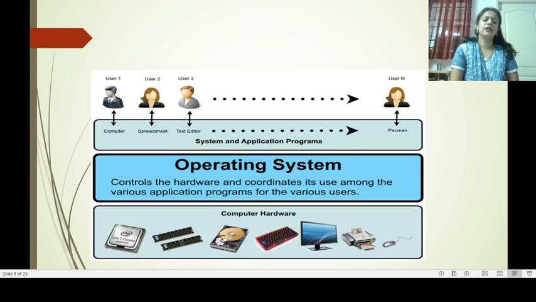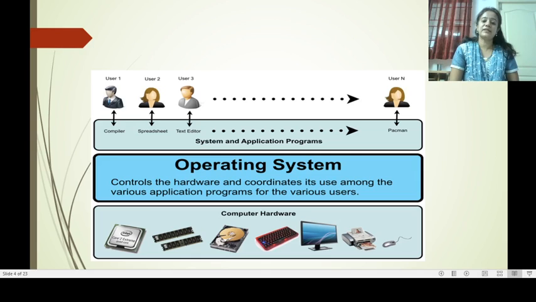For example, if a user is using an MS Word document or preparing a timetable in Excel, for each and every command he would have to write code or a program. By the use of the operating system, without knowledge of the hardware, we can access each application very easily. This is how the operating system plays a vital role in the computer system.